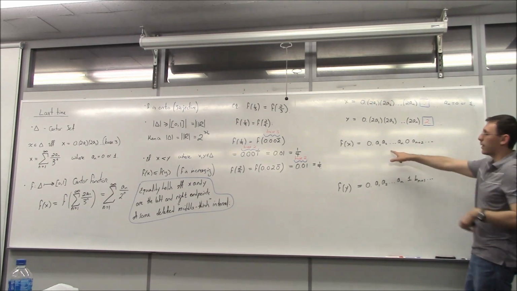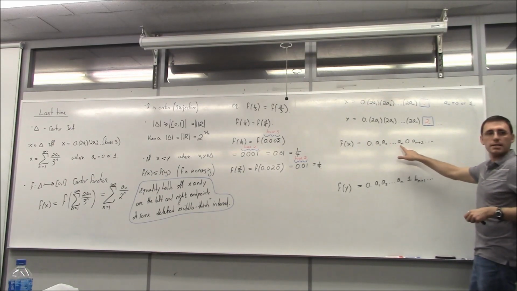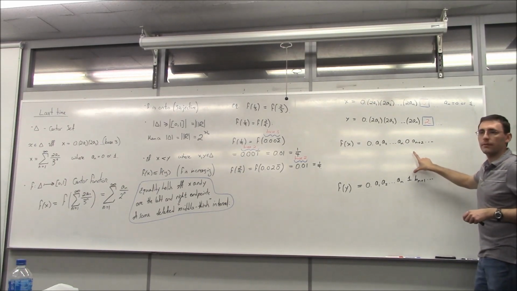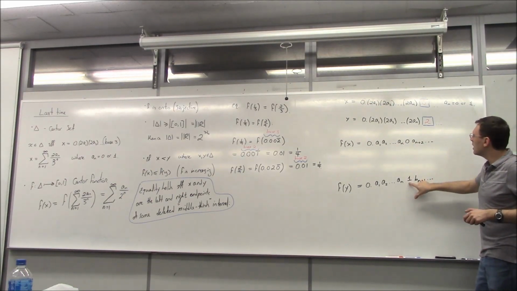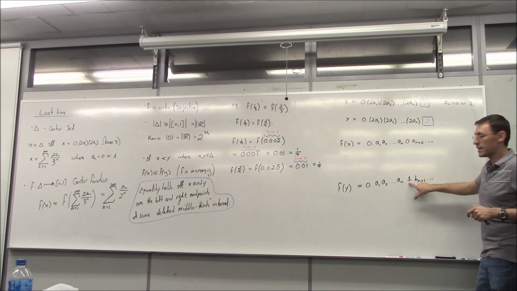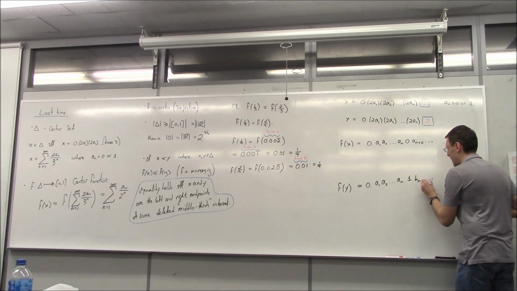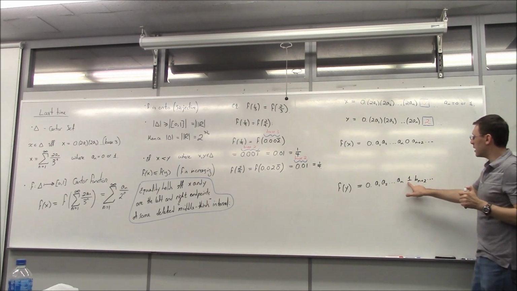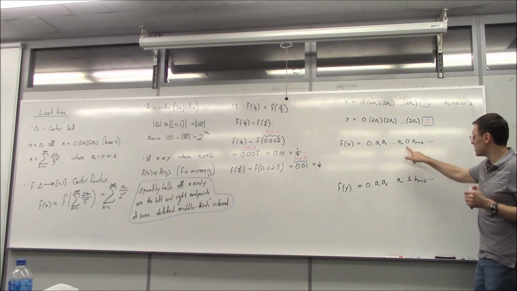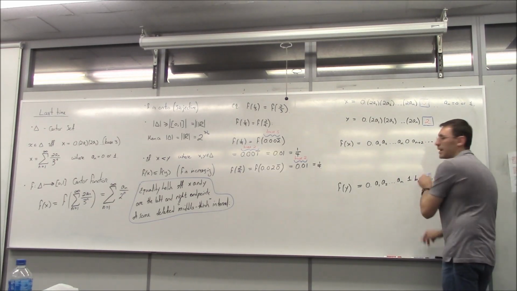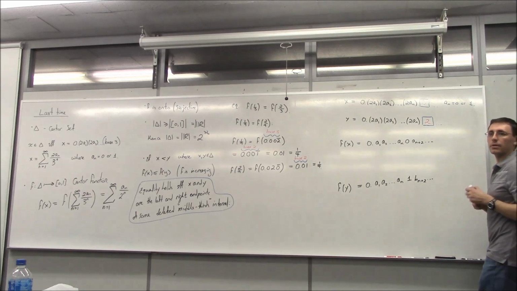I just compare those two strings until the point where they differ first, and that was in the n plus 1th place. So they agree all the way to the nth place. The first disagreement is in the n plus 1th place, and afterwards I don't know. So this is just some other number. I'm not sure what it is.